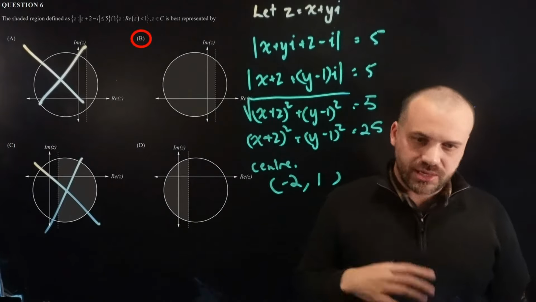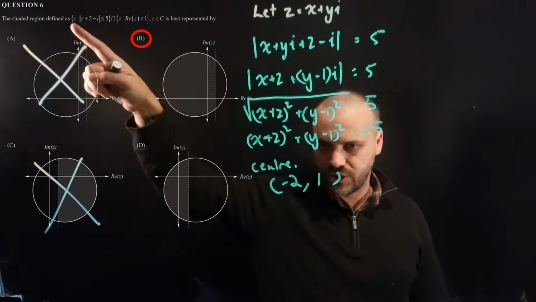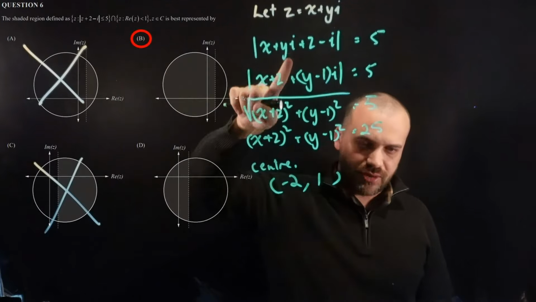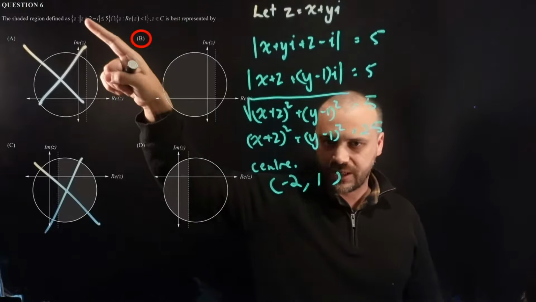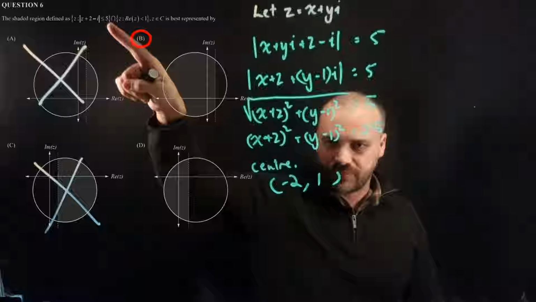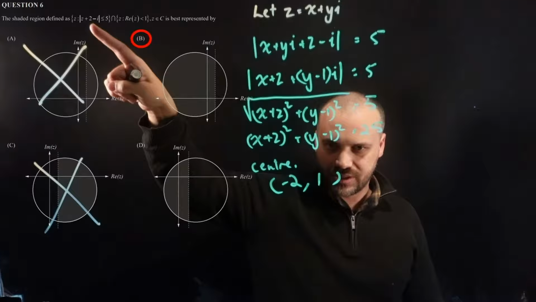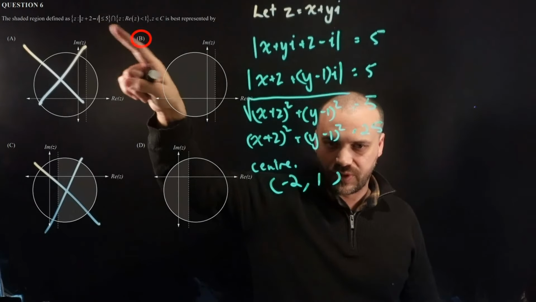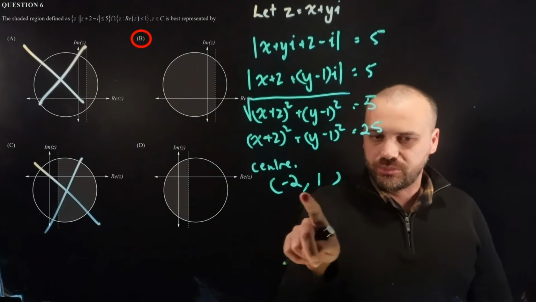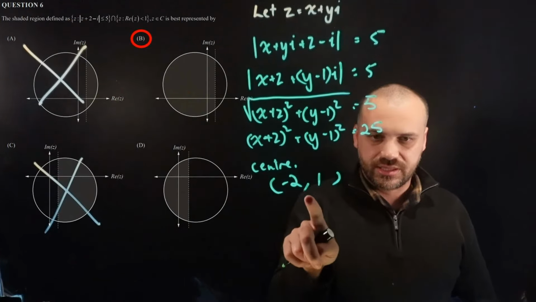Now, before we celebrate, I just want to mention this style of thing happens so regularly that you actually shouldn't have to go through all of this. You should look at this and see, wait a minute, magnitude signs, we've got this thing here, it's a circle. The center of that circle is going to be the negative of this real bit here, so -2, and the positive of this, so swap the signs there, and you should be able to jump straight from here to knowing straight away that the center is this.